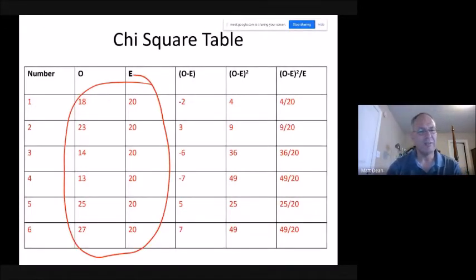It looks like there's some differences, right? It looks like this column's a little bit different than this column. But when we fail to reject our null hypothesis, we're saying that, yeah, there probably are some differences between those numbers, but they're really small, and more than likely they're due to chance. So what that tells us is that the loaded die the guy made, it's not really getting the job done. It's not causing a big enough difference to be statistically significant.